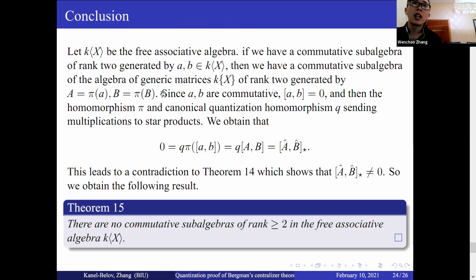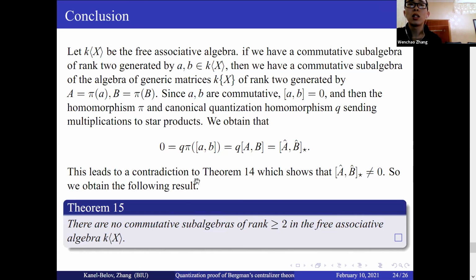But on the other hand, as we considered before, if we have a commutative subalgebra of rank 2 generated by A and B, which are non-scalar elements of the free algebra, then we consider the reduction to the algebra of generic matrices, with A and B mapping to pi A and pi B. Since A and B are commutative, this shows that pi of the commutator of A and B is also 0, and after quantization it should be 0 as well.